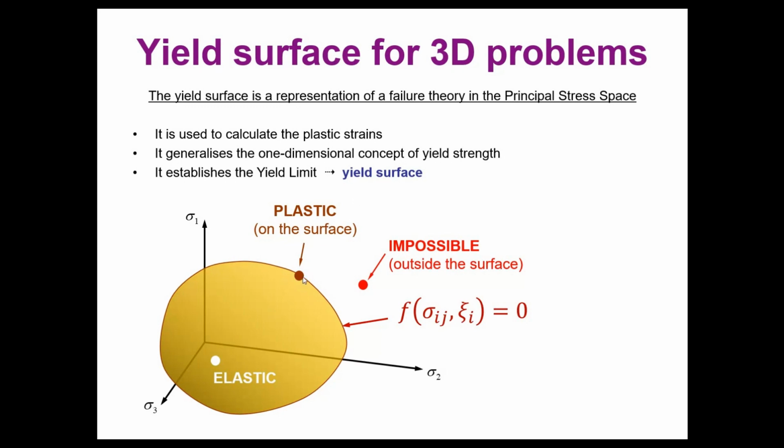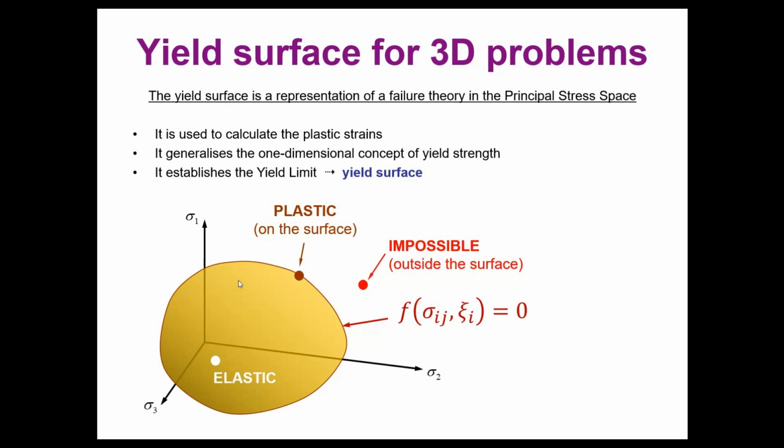We are going to be able to be on the surface having plastic behavior, but we are not going to be able to be outside this region defined by the surface, because mathematically we are going to say this equation is equal to 0. And this equation again includes as variables the stresses, the stress tensor, and the parameters of hardening or softening.